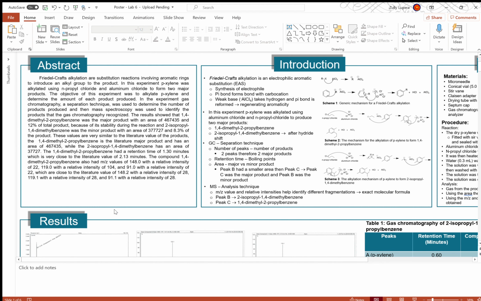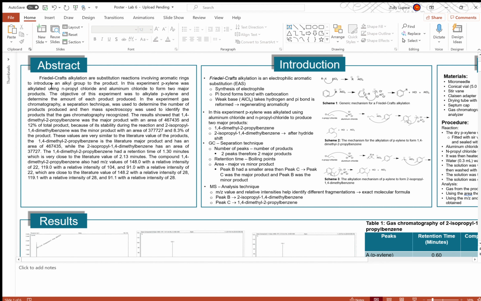The results showed that 1,4-dimethyl-2-propylbenzene was the major product with a 12% composition of the total product, and that the minor product was 2-isopropyl-1,4-dimethylbenzene, which had an 8.3% composition of the total product.